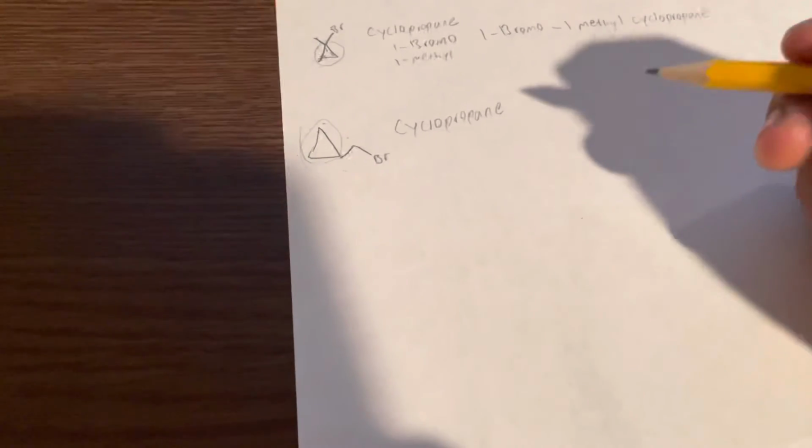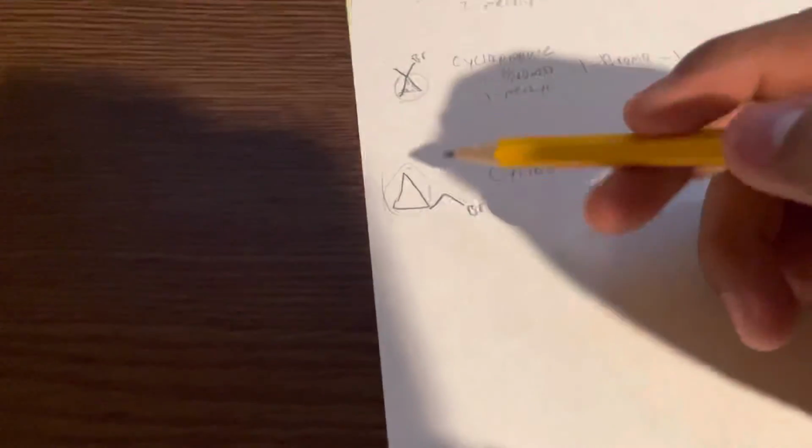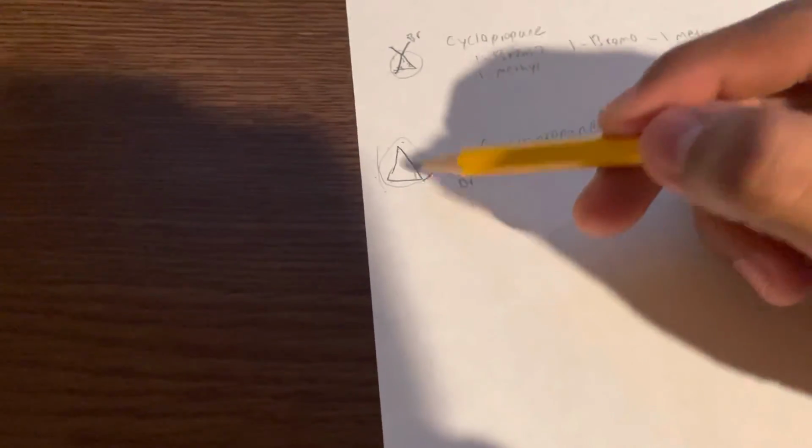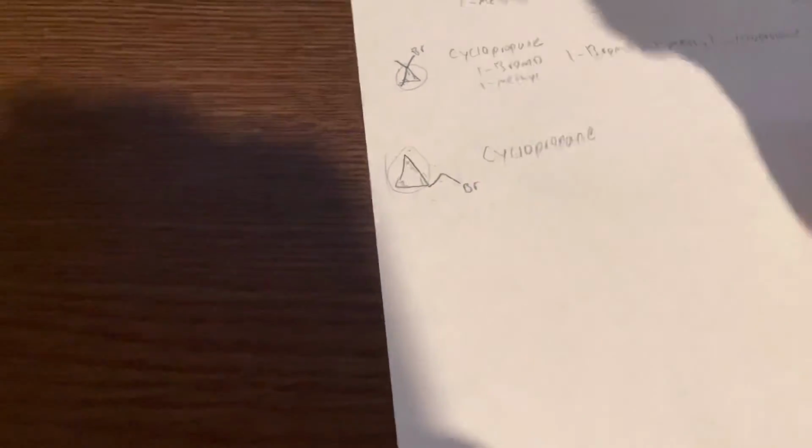All right, now let's look at this last one over here. This one's probably a little trickier than the others, I'd say. We're gonna circle the longest cycle. Cyclopropane is part of the name, and we can start numbering them. The substituent gets the smallest number, 1, 2, 3.